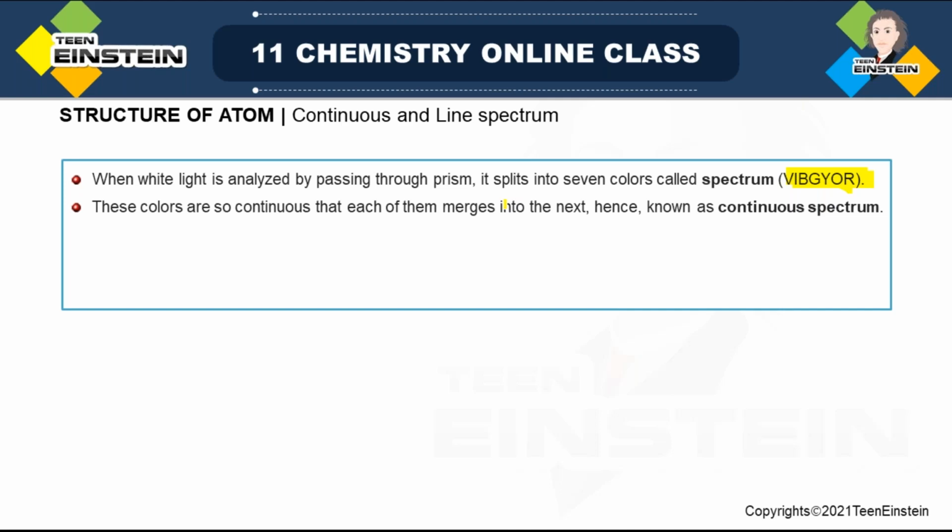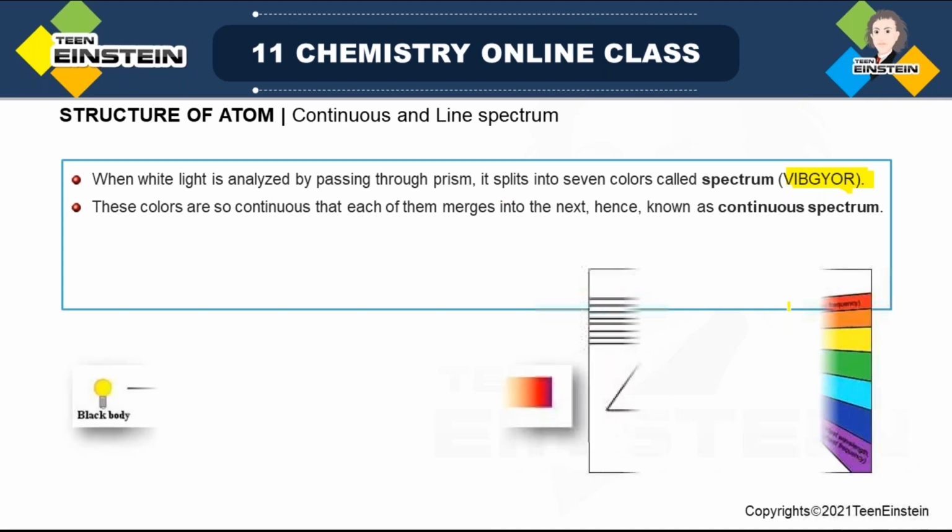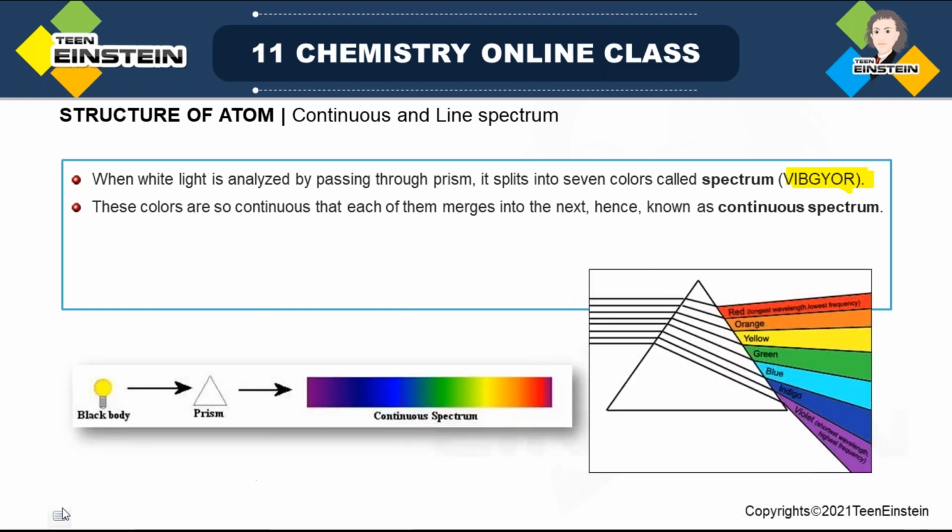These are the full forms. When you pass light through a prism, there will be this type of splitting. Now these colors are so continuous that as one is ending, another is starting, each of them merges into the next, and as a result you get a continuous spectrum like this.